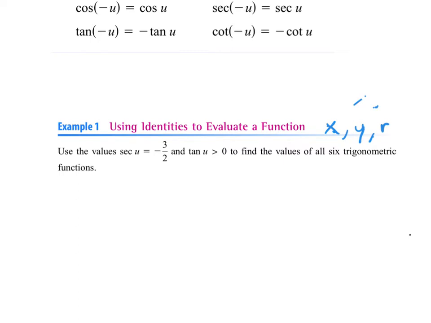So in terms of x, y, and r, what is sine of u? Anybody remember this from before the break? Is it y? It's y, but that's when we're just using x and y, so it's y over r. Sine of u is the same thing as sine of theta. It's just a variable there. So sine is y over r. What's cosine?